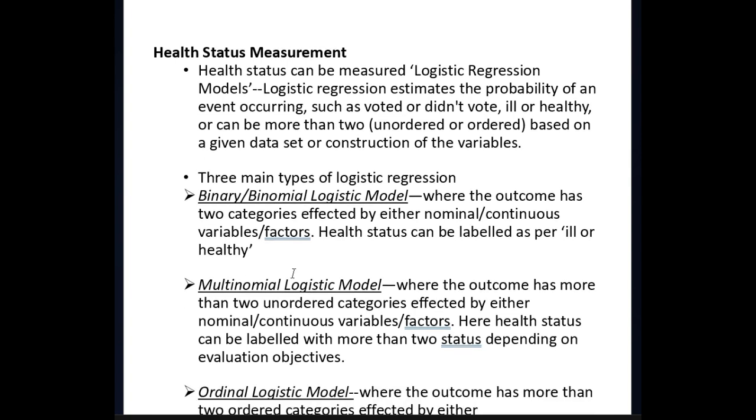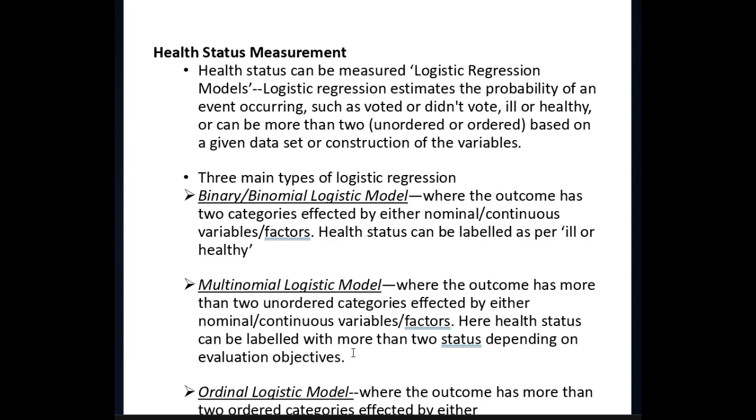If your health status dependent variable has more than 2 categories, then you should use the multinomial logistic model, where the outcome has more than 2 unordered categories affected by either nominal or continuous variables. Here health status can be labeled with more than 2 statuses depending on evaluation objectives or your variables design, right?